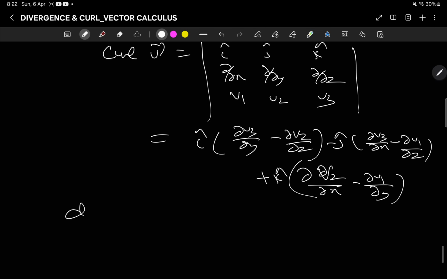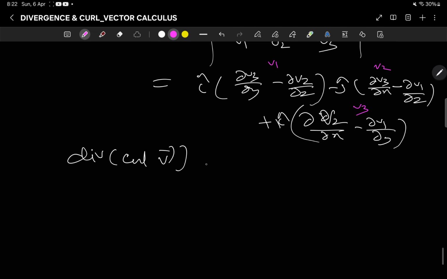Then you find div of curl v. So this is my v1 say, this is my v2 say, this is my v3 say. I just take del v1 by del x, I differentiate it with respect to x.